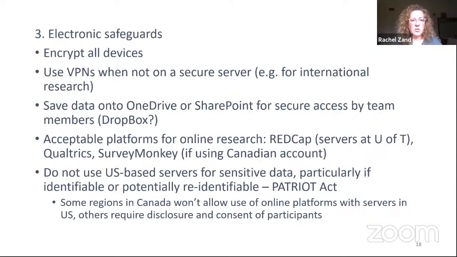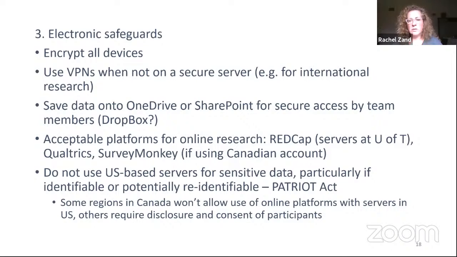So in terms of electronic safeguards, the REB recommends that all devices are encrypted, and that when researchers are not on a secure server, for example, when they're traveling internationally, they use VPNs. For research at the University of Toronto, they're told to save data on OneDrive or ShareBox that only allows for secure access by team members.